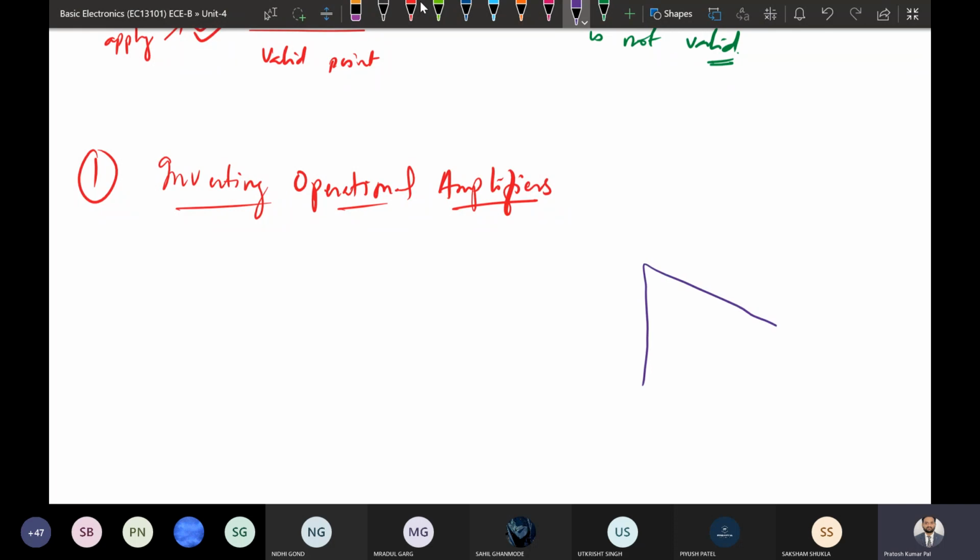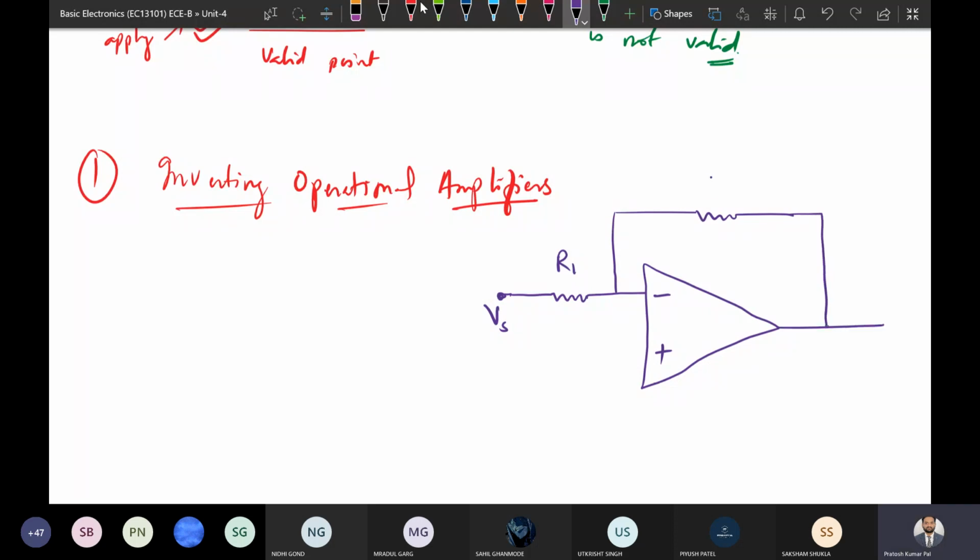So we will have an operational amplifier, with this terminal negative and this one positive. The input voltage, suppose our Vs or source voltage, is connected to the negative terminal with a resistance R1, and there is a feedback having a resistance called RF, the feedback resistance, and here we have the output.